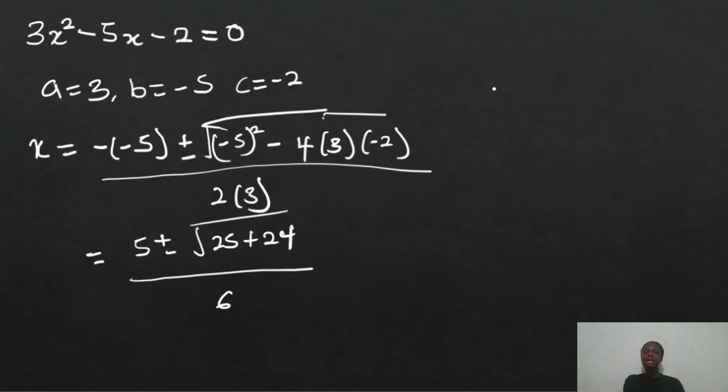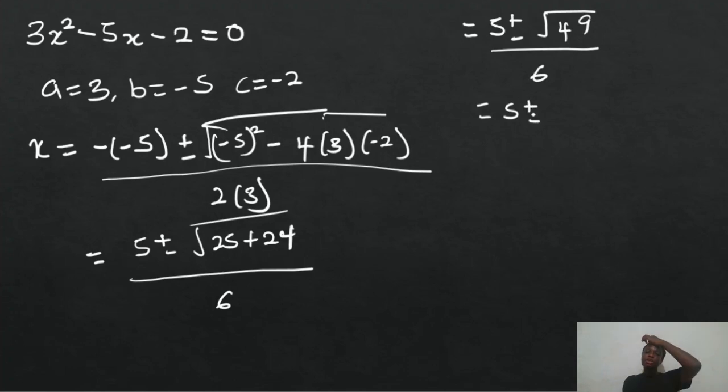So from here we get x to be 5 plus or minus, now 24 plus 25 is 49, all over 6. The square root of 49 is 7, so 5 plus or minus 7 all over 6.